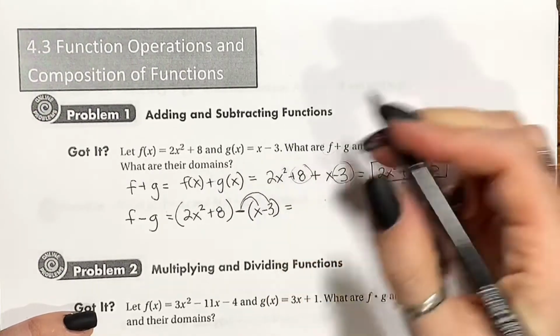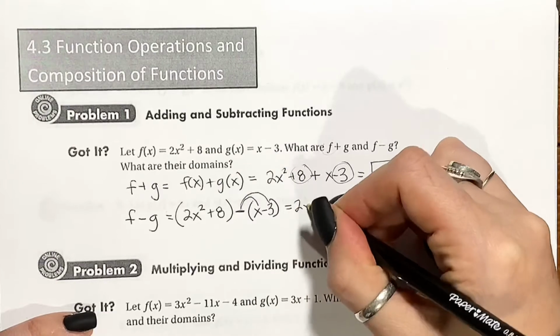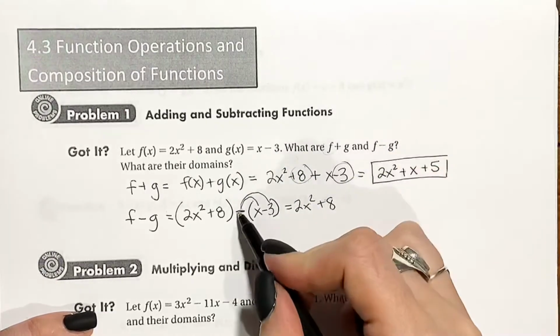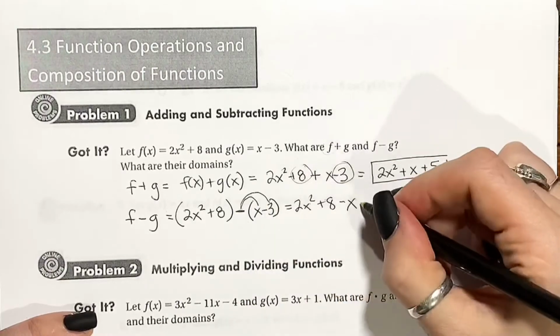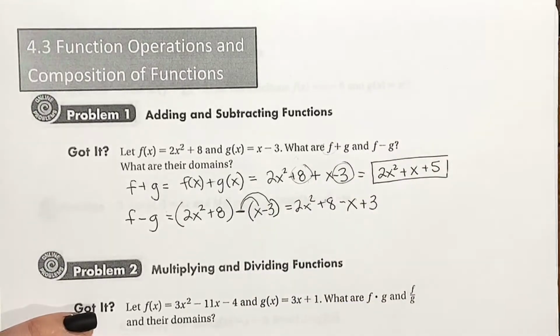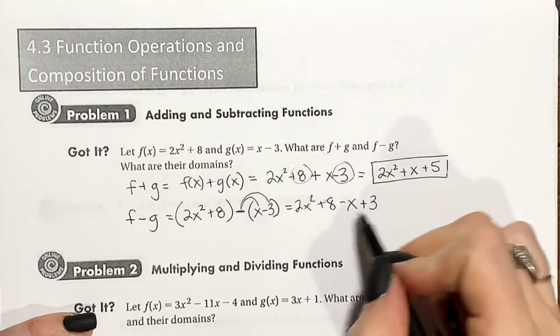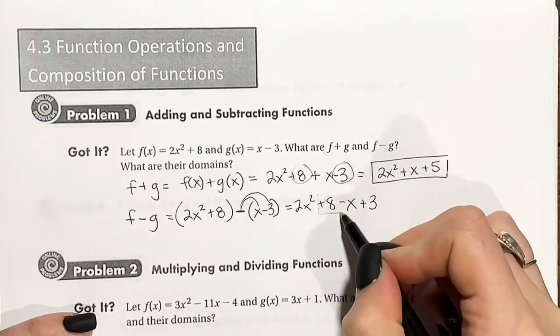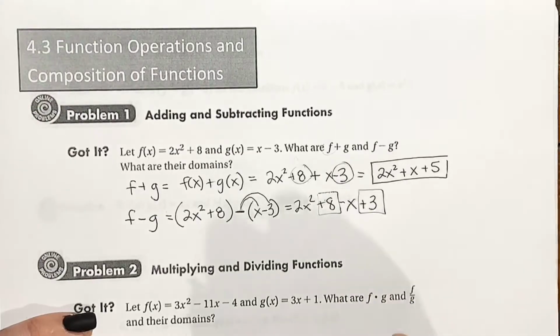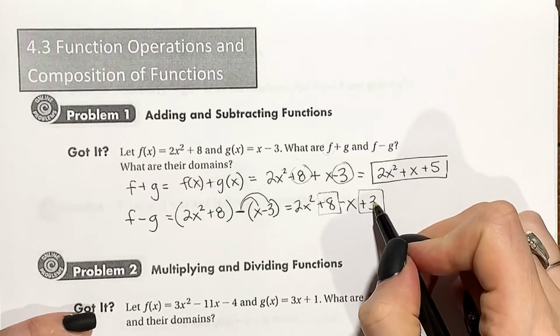So we end up getting the 2x squared plus 8 still, and then we have a minus x, and then when I subtract that negative 3, it turns to a plus 3, so our signs switch there. But just like on the problem before, we're just going to combine our like terms, which all we can do are the 8 and the 3, but this time we're adding 3.